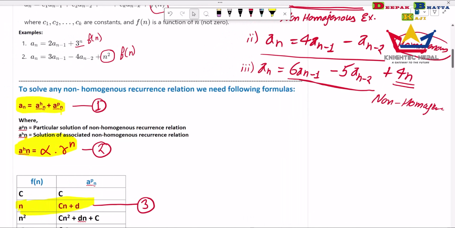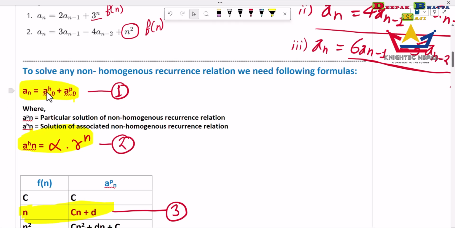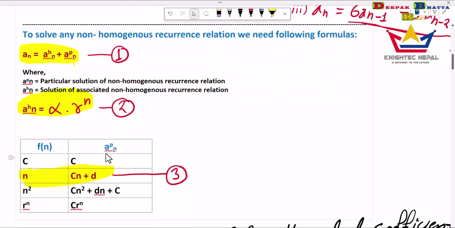So for the non-homogeneous part we write the formula, that is a_n equals a_n^h plus a_n^p. This is the first formula, and we need to calculate a_n^h equals alpha times r^n. For a_n^p we have cn plus d.